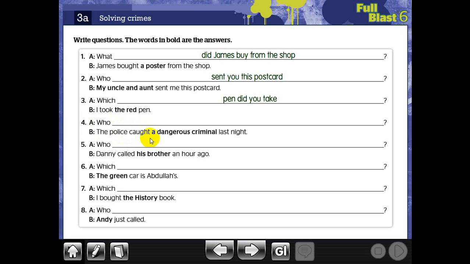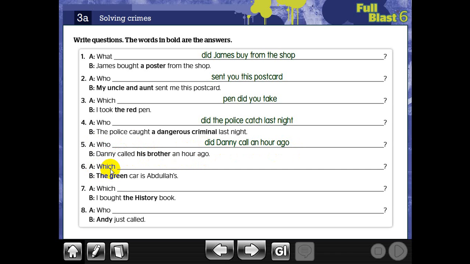Who did the police catch last night? Number 5. Who? Yes, the same. Danny called his brother an hour ago. Here, his brother is object. Who did Danny call an hour ago?